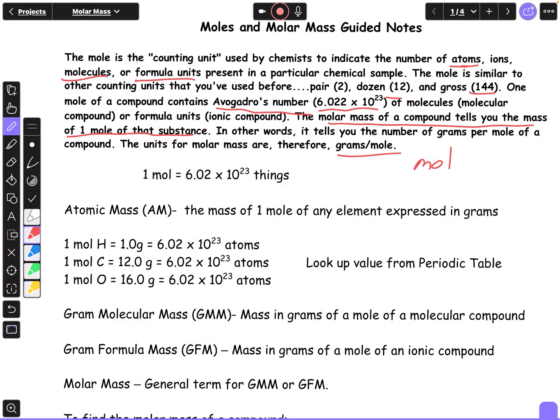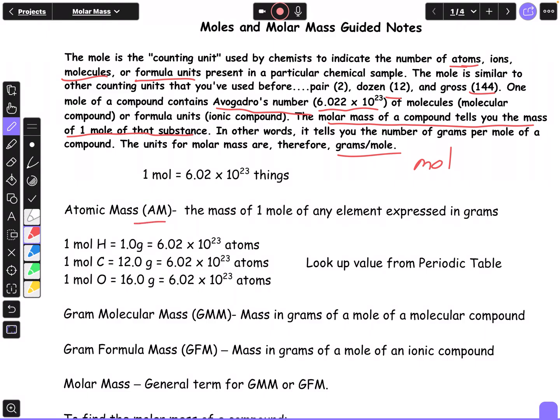So, 1 mole is 6.02 times 10 to the 23rd things, atoms or molecules. We define the mole a few different ways. We define it this way in terms of atoms or molecules, but a mole can also be equal to the atomic mass of an element. Atomic mass is the mass of 1 mole of any element expressed in grams.